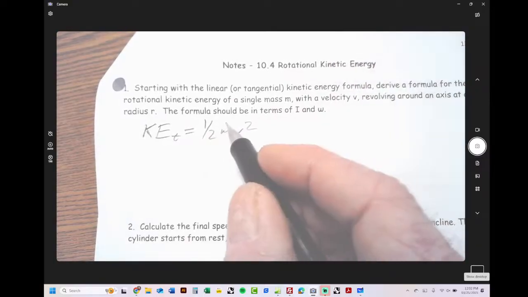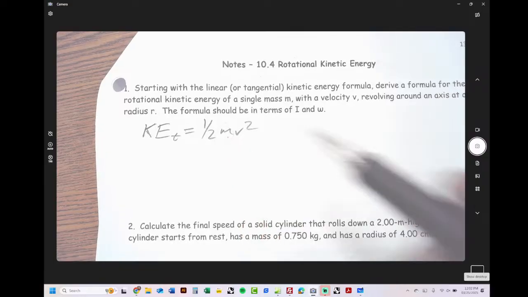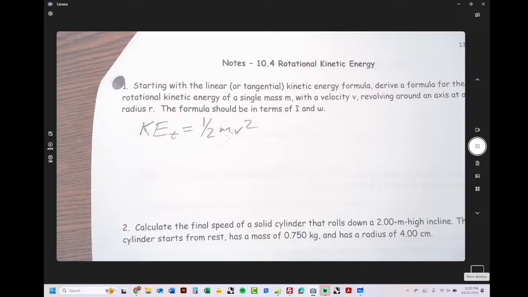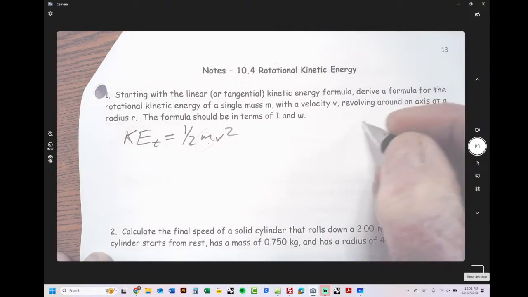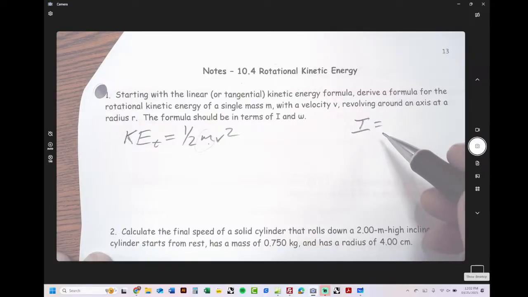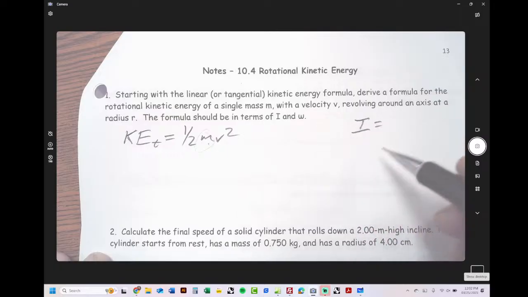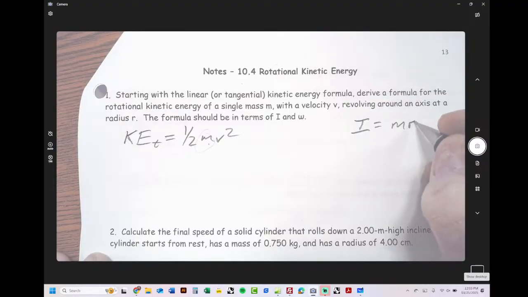And the first thing I want to do is substitute something for m. So what's the rotational version of m? I. Basically for a point of mass rotating around something, its moment of inertia is m r squared.